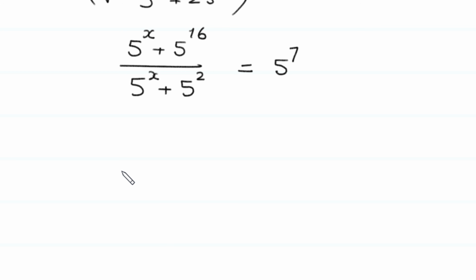Next, we multiply both sides of this equation by this expression 5^x + 5 squared.